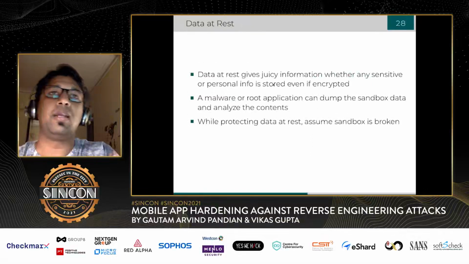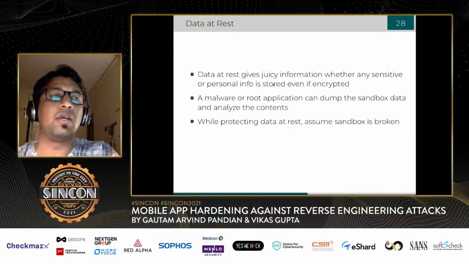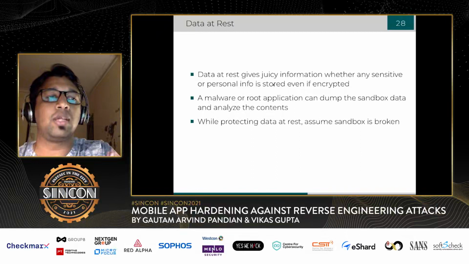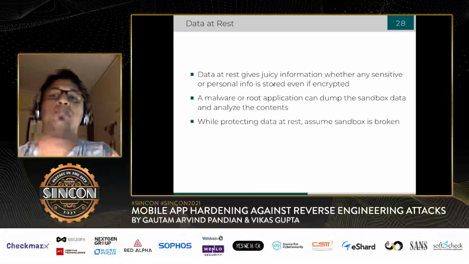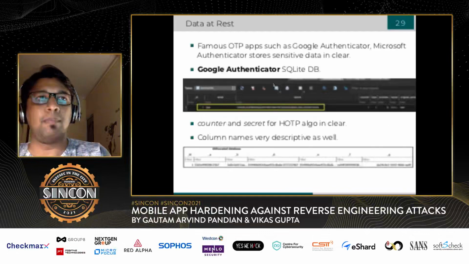Okay, data hardening. There are two ways where data is there: data at rest and data in transit. We'll talk about both of them. For data at rest, you try to ensure that the data itself is not leaking information, like the labels that you use to point to the data. I'll show you an example.